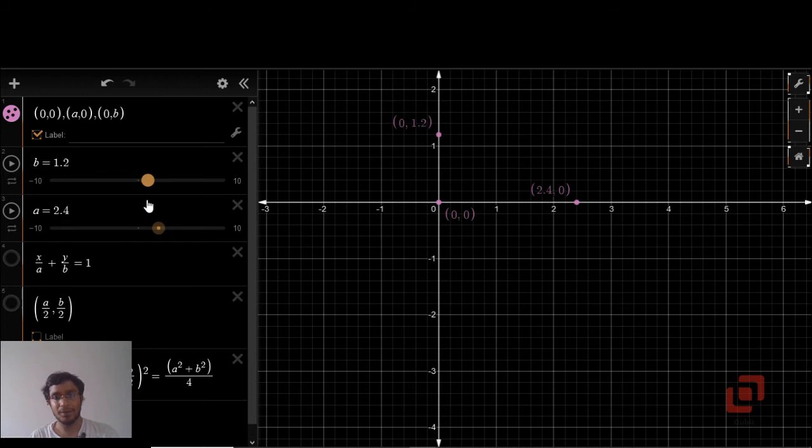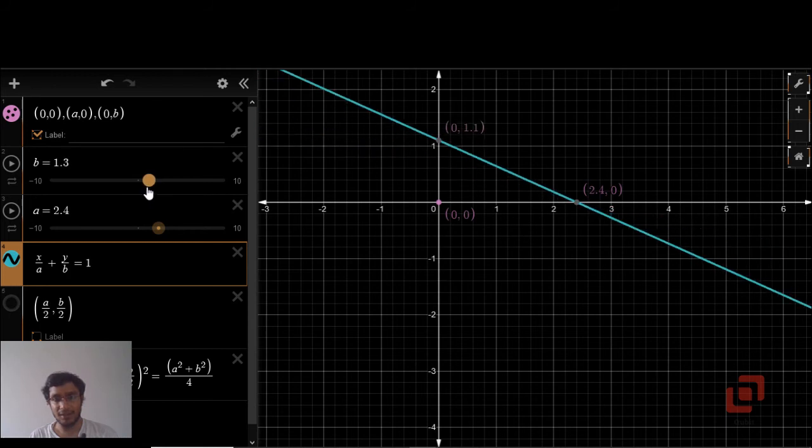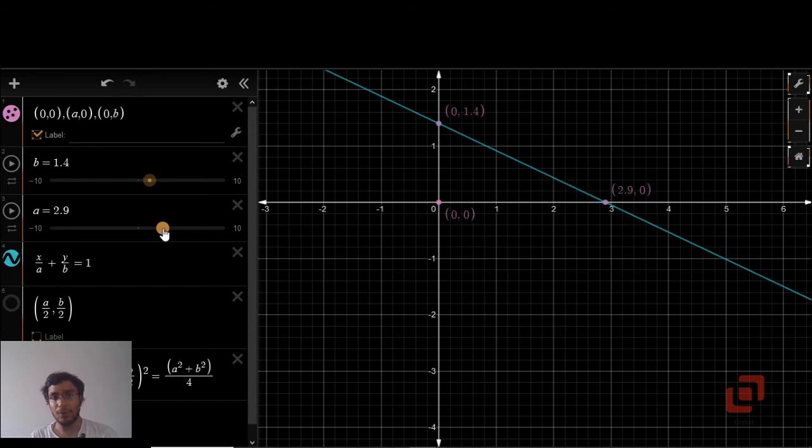Okay? Then I have plotted the line x upon a plus y upon b equal to 1. So I have now used the double intercept form to get the equation of this line, and remember this line is the diameter of the circle. Correct? So if I now change b or change a, we will go on getting different lines.